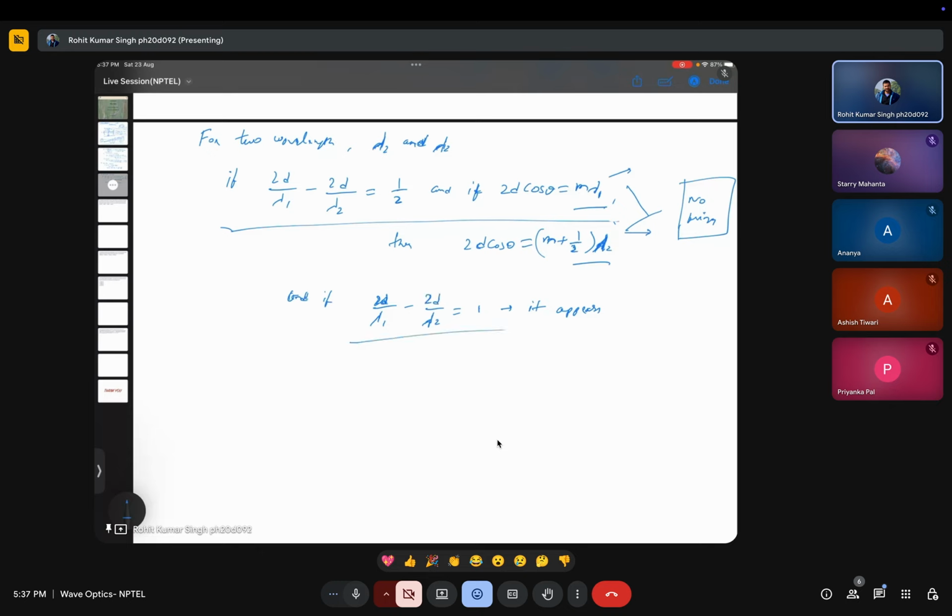Because for this, both will have either maxima or minima coinciding. Do you understand it?